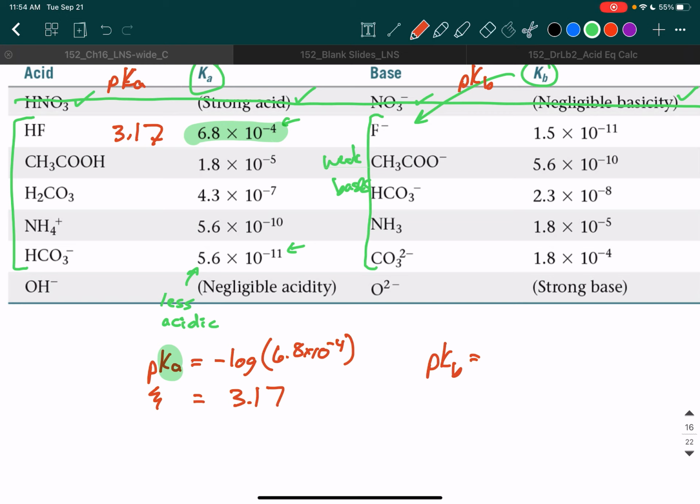By the way, on the calculator, most of y'all have a 4-line display, at least, graphing calculator. Usually on those, make sure to hit the negative button and then the log button, and then enter the number using the EE button for scientific notation. Otherwise, it may just give you an error, or you'll be off by a factor of 10 or so.